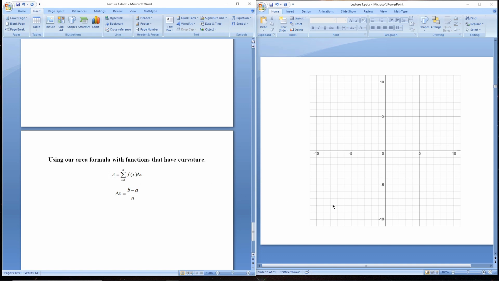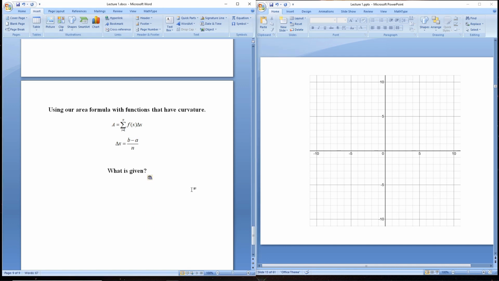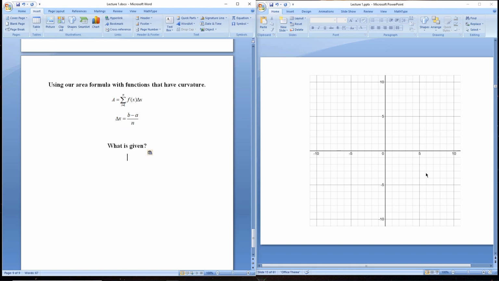Now, I think it's really important to understand what is given to you for these problems. When you do these problems, what is given to you is always going to be the function, A, which is your starting point, B, which is your ending point, and N, the number of rectangles.